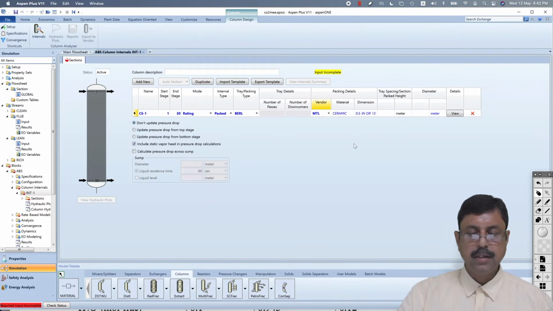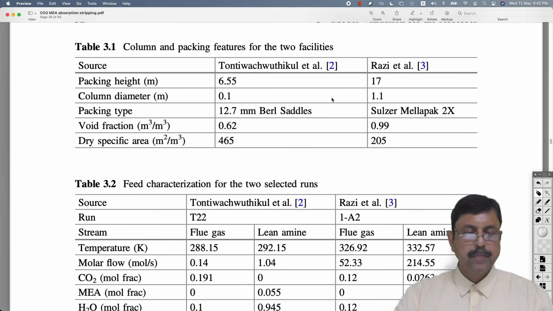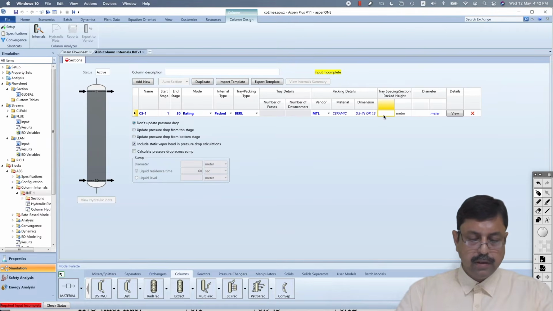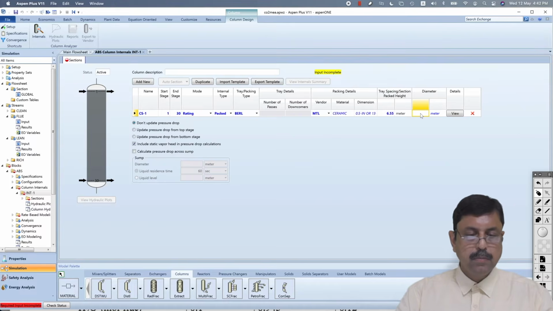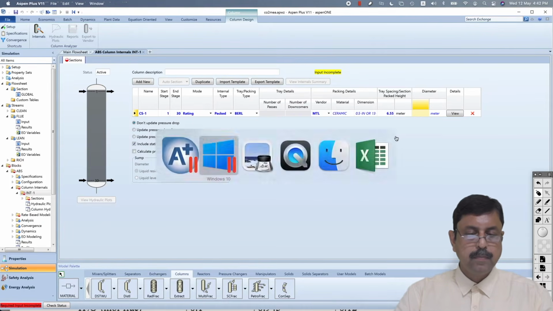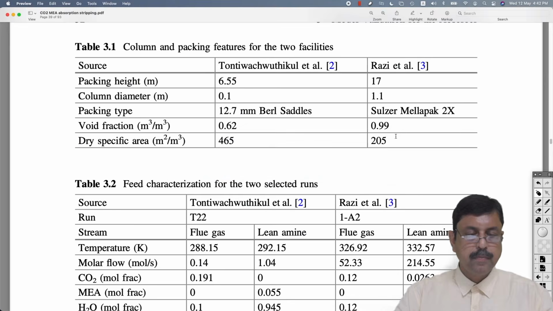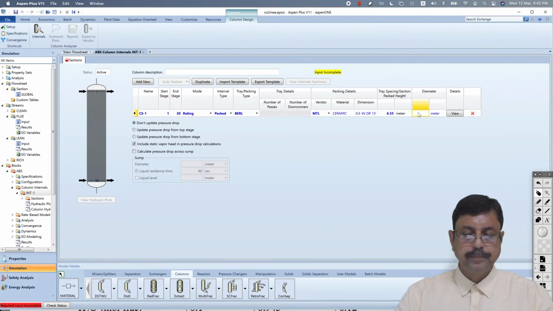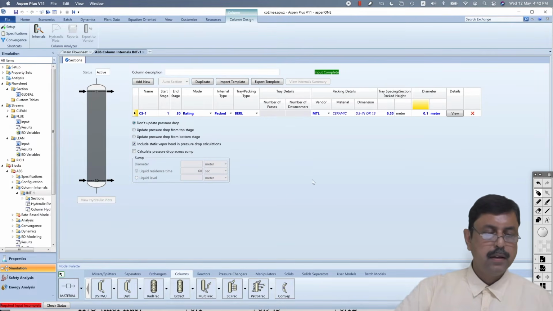Let us not change it. Packed height, it is 6.55 meter. So we'll write 6.55, and diameter is 0.1 meter. Okay. So it is done.